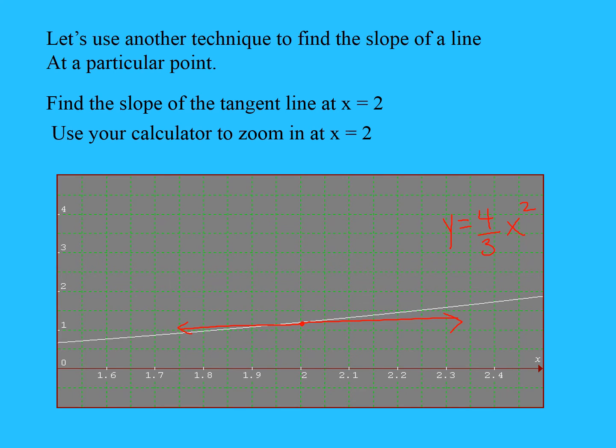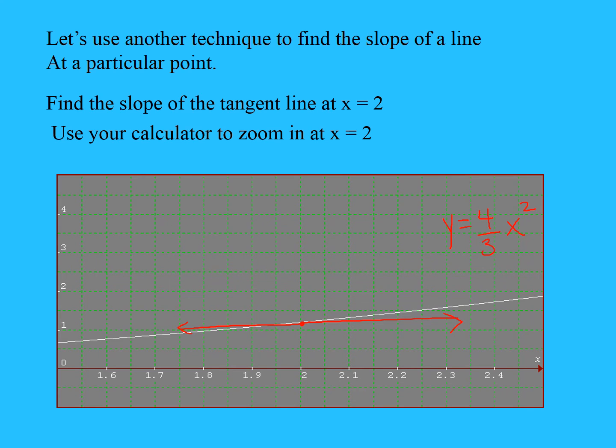Well, since this is almost linear now, if we chose two points on this graph, the graph that we have zoomed in on, we're going to choose one point to the left and one point to the right. Now, I just happened to choose the points. You could choose any points you wanted.